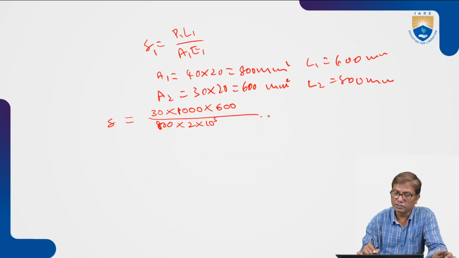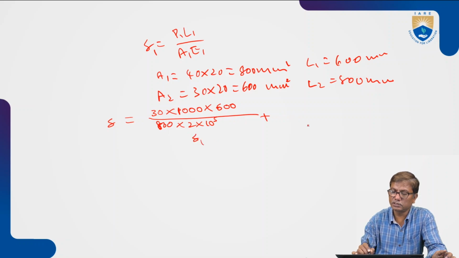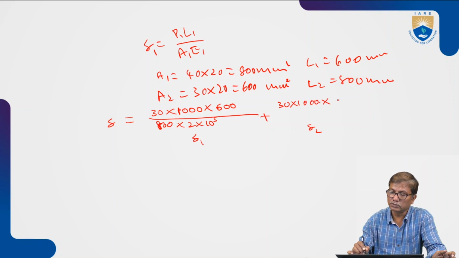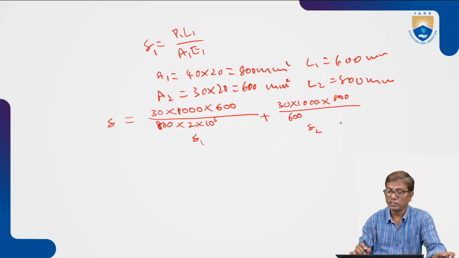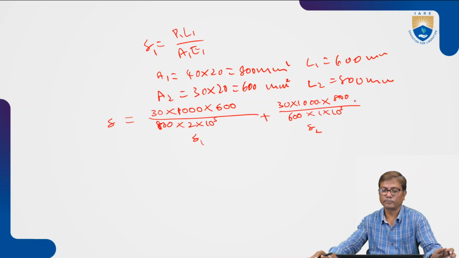Plus, delta equal to delta 1 plus delta 2. What is delta 2? 30,000 newtons, and length 800 divided by area 600 into 1 into 10 power 5.